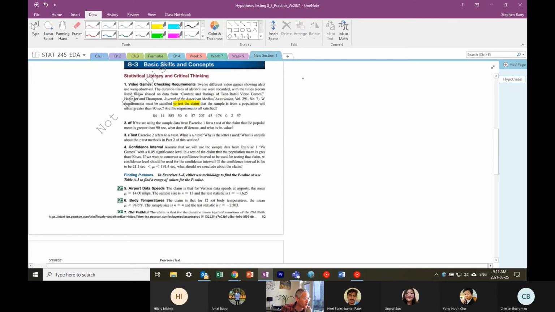So step 1 in all of these things is to state the hypotheses. They want to test the claim that it's from a population with a mean, so that's important, greater than, that's important, 90 seconds. As soon as you see greater than 90 seconds, this, by definition, is going to be the alternative hypothesis, right?